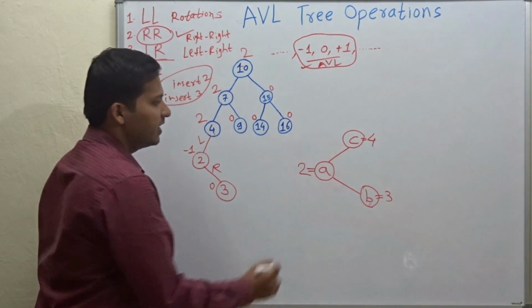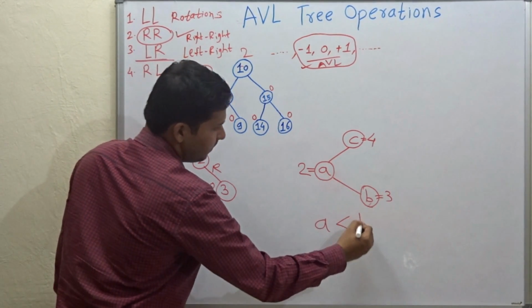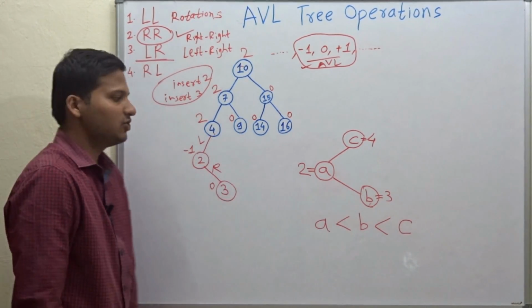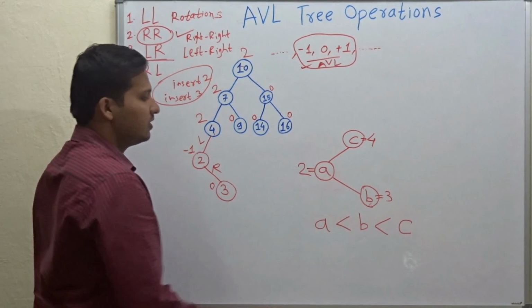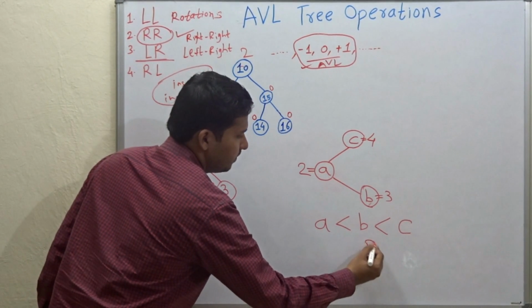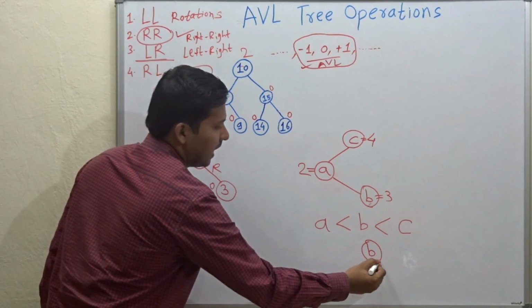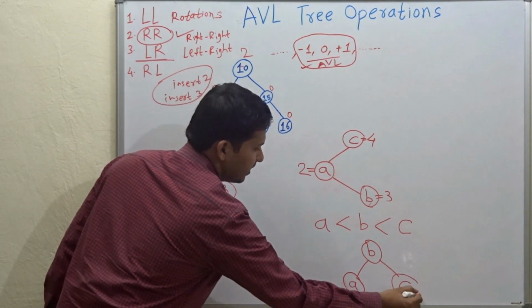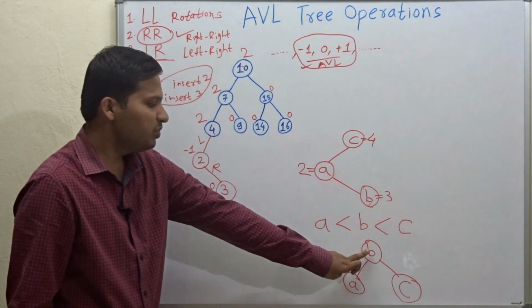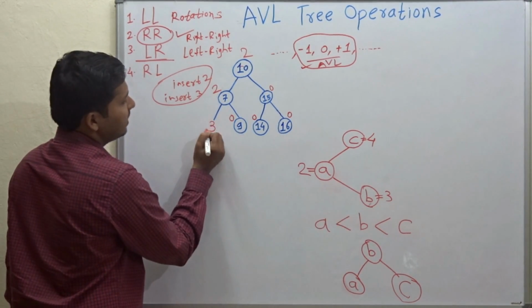Okay, let's sort them. So that is A, then B and C. Okay, this is the sorting in this branch. So simple thing, take B in the middle. As A is less than B, take it to the left, and C, take it to the right. This is the simple thing, and attach B here. So what is B? That is 3.